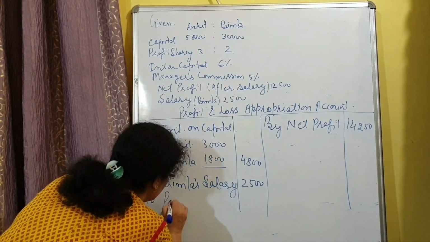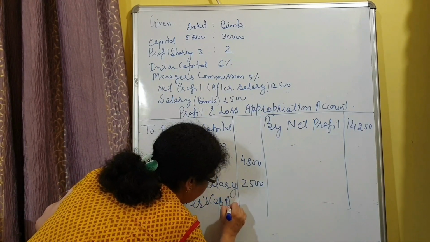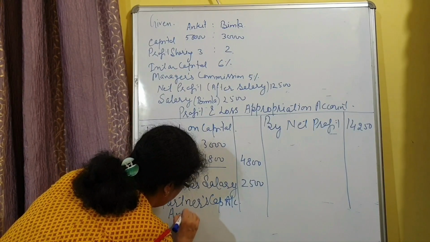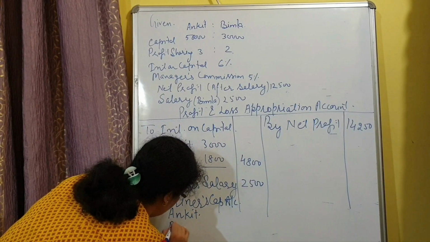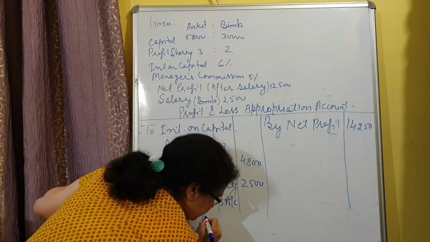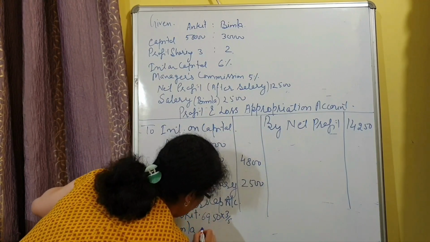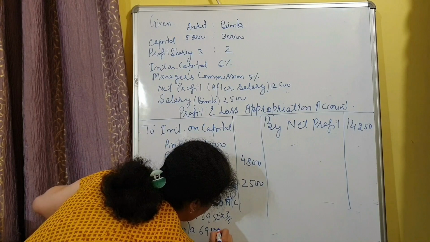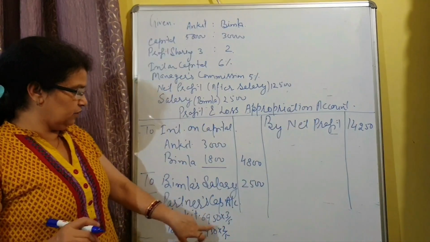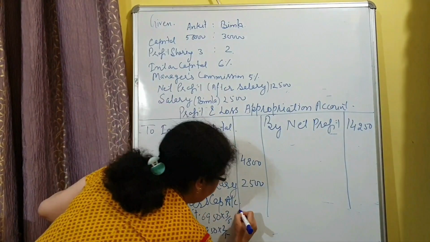So to partners' capital account, Ankit and Bimla, 6,950 into 3/5 and 6,950 into 2/5. It is not compulsory that you write directly this way, you can calculate directly.